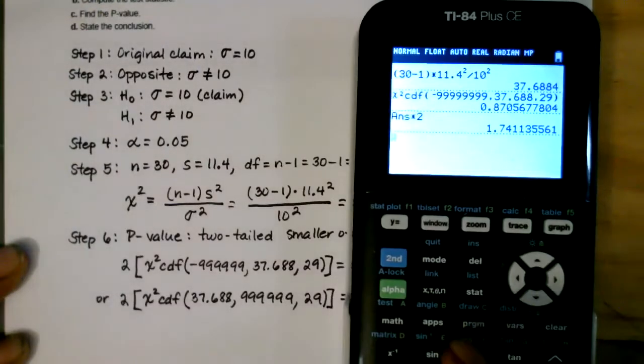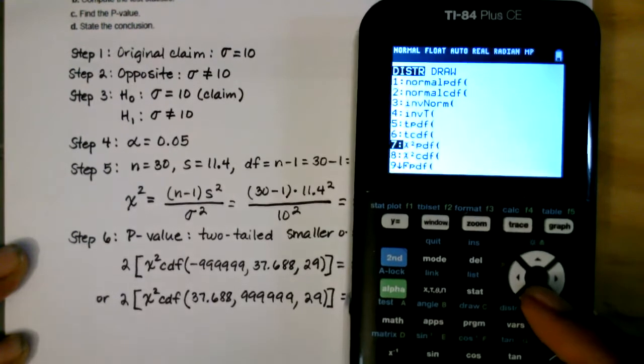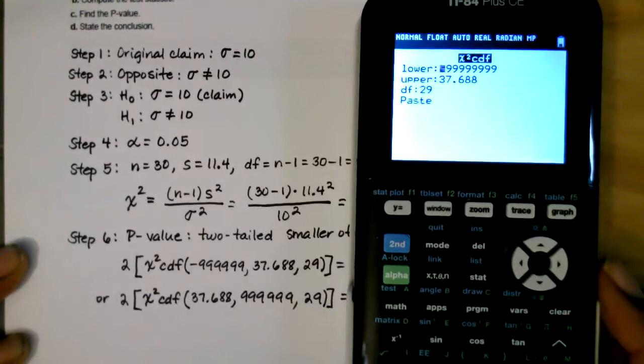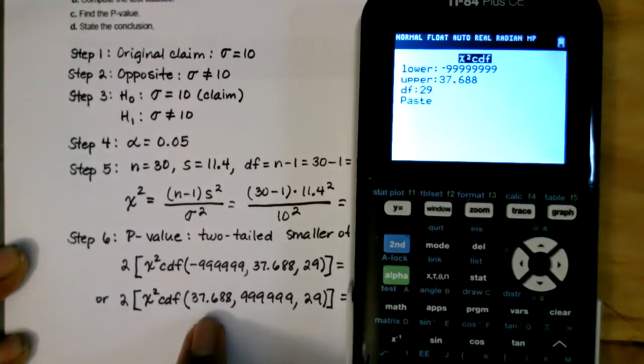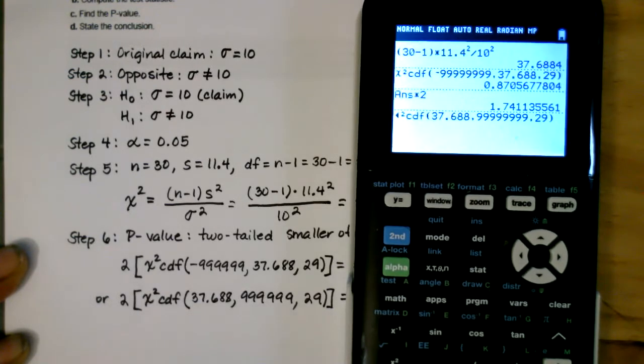So here in the calculator, I'm going to do second and VARS, and then use chi-square CDF again, hit enter. My lower limit is going to be that test statistic of 37.688. The upper limit will be as many nines as I want, and then enter. Degrees of freedom, 29. Hit enter to highlight paste, and then hit enter again.